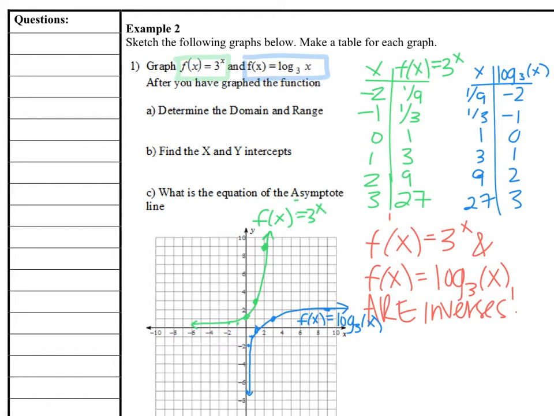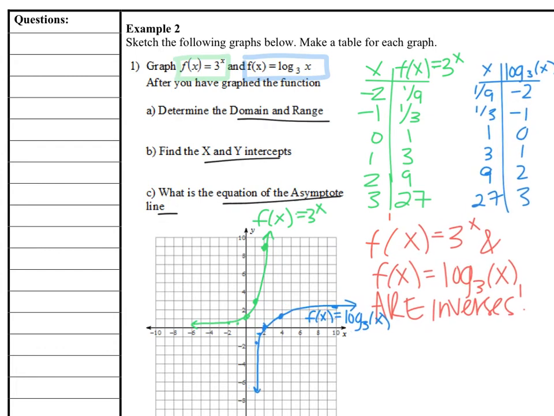So then the next thing we have to do is answer these three questions. Find the domain and range, find the x and y intercepts, and what is the equation of the asymptote line for each. So I'm going to split this graph, or the space on the bottom, so that I can have an answer to each of these questions for both equations.